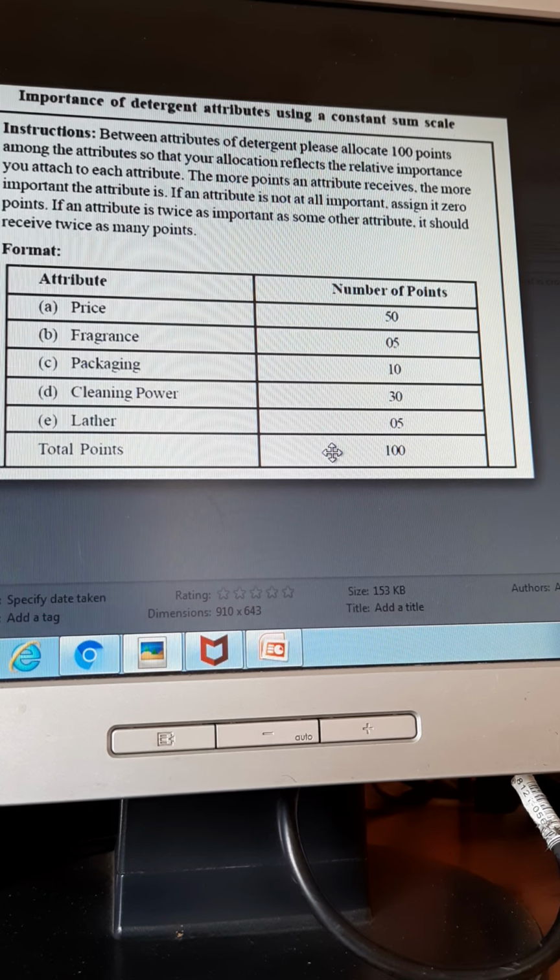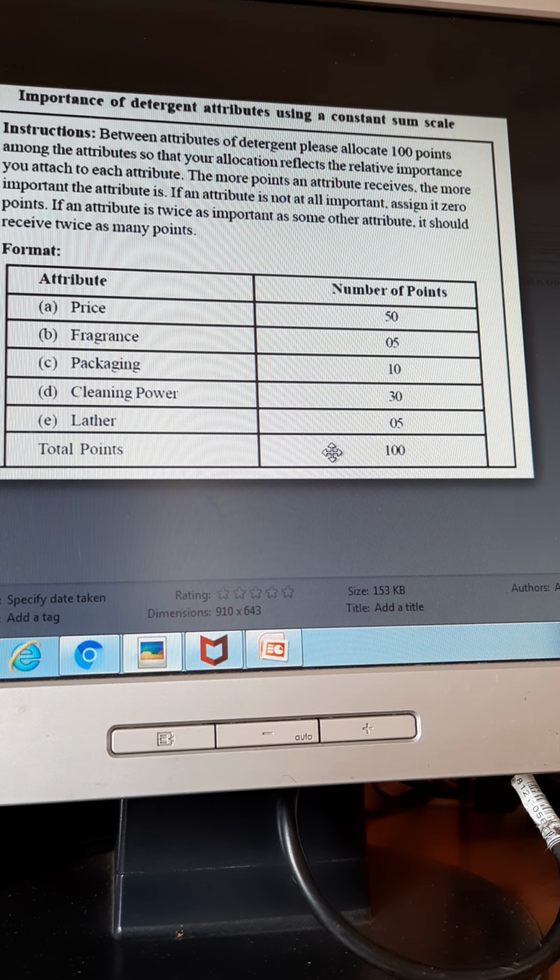What else? Range of ice creams available. Okay, five different attributes are there: taste of ice cream, flavors available, then what is the price, and the distribution of shops.